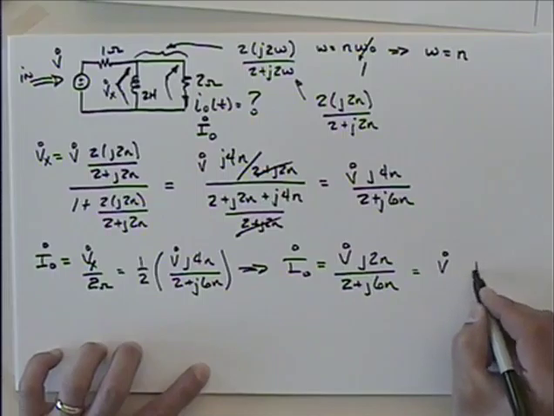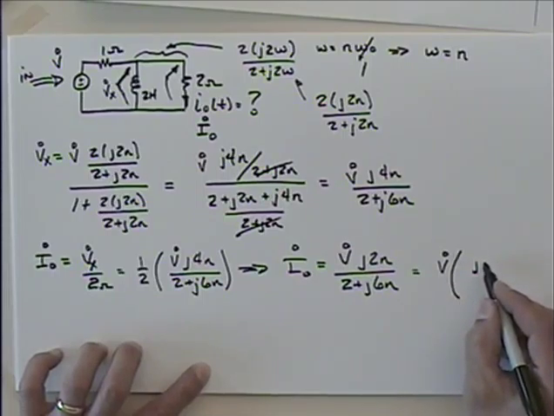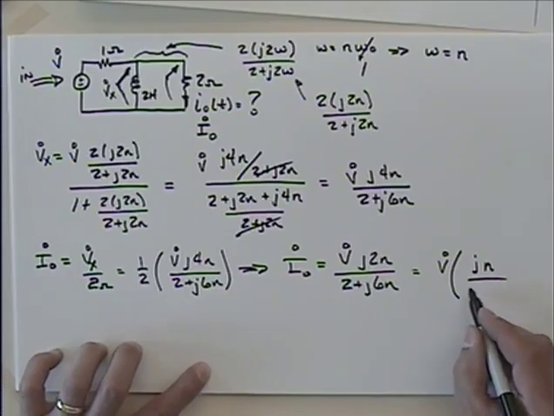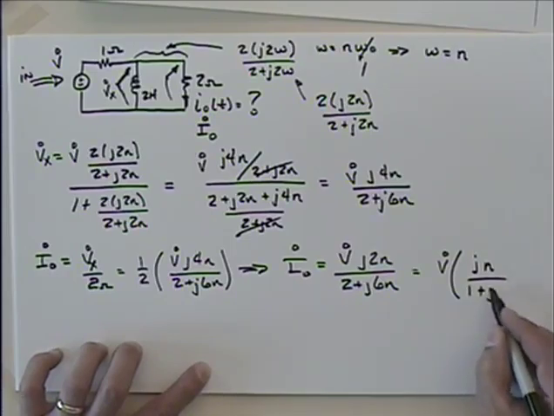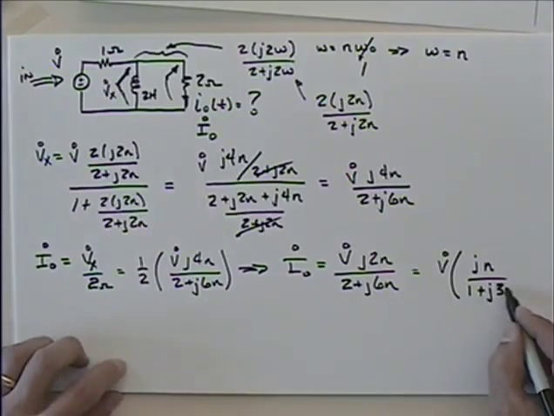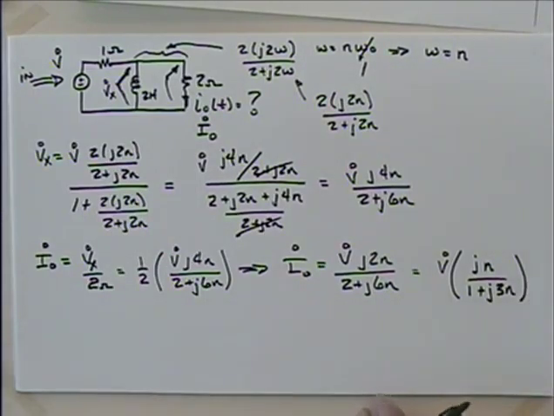So I have essentially this term jn divided by 1 plus j3n. No, 2 comes out, so 3n.